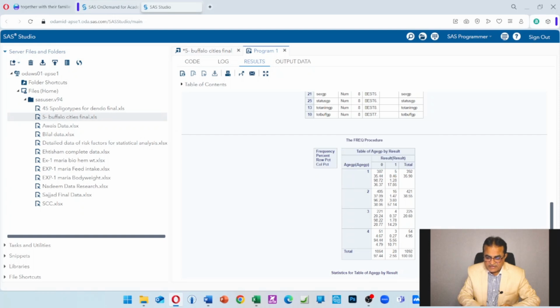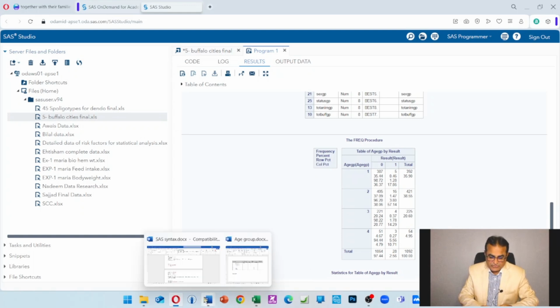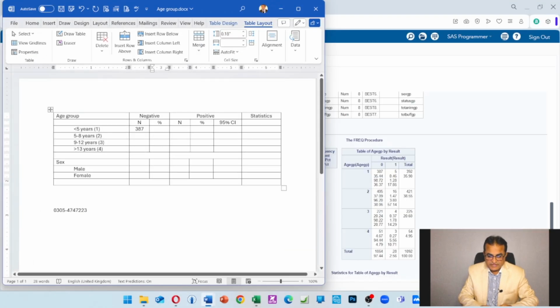Second is percentage, which is the overall percentage. Third is the row percentage, and this is the column percentage. We are concerned with the row percentage, and that percentage will be noted down in our Word file.